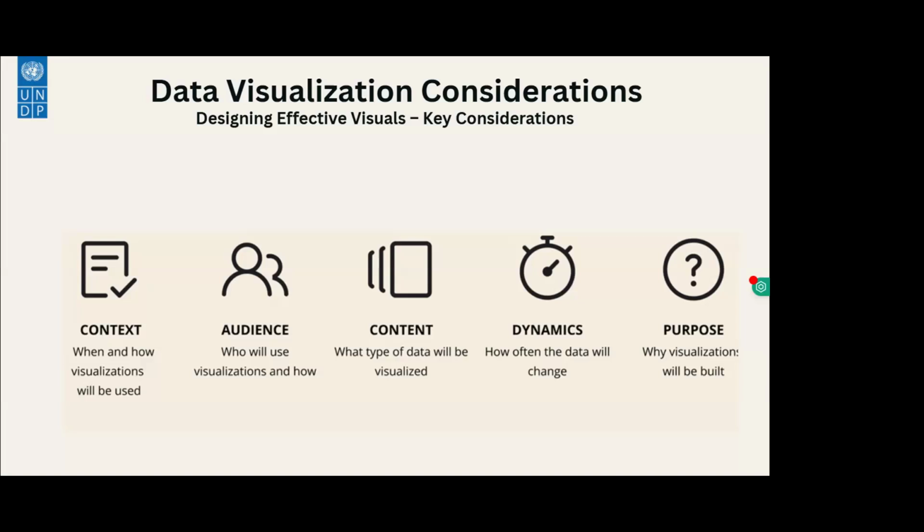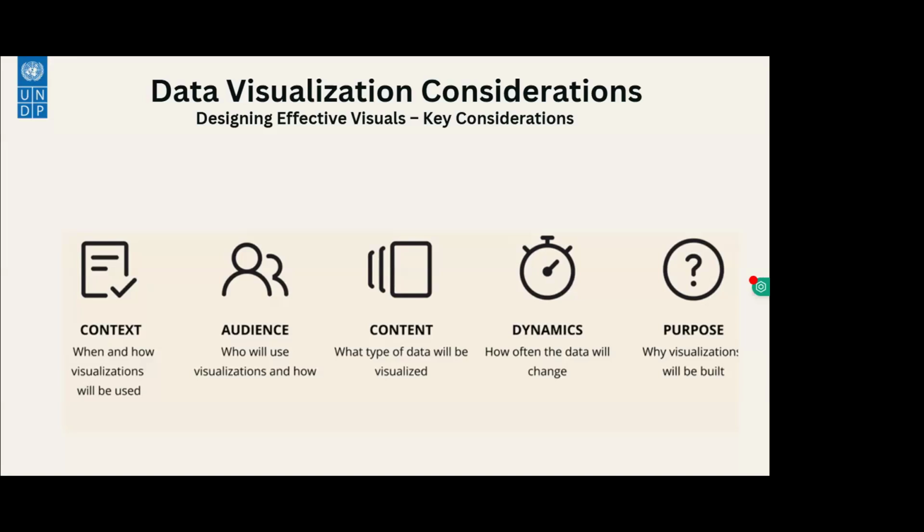If it is UNDP senior management, like RRs or RCs, they likely prefer a quick, big picture visual, like a summary trend or a red, yellow, green risk level indicator, rather than a complex detailed chart. If the audience is program colleagues, analysts, or information management officers, then more detailed and technical visuals, like layered maps or scatter plots, might be fine.